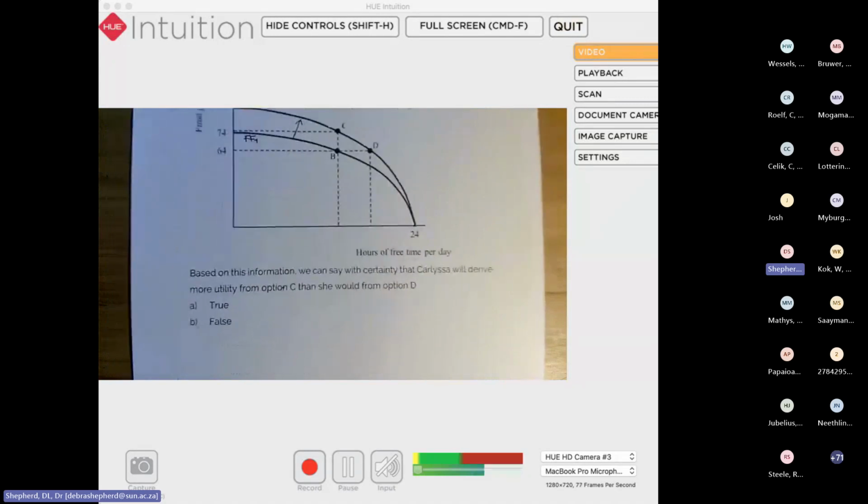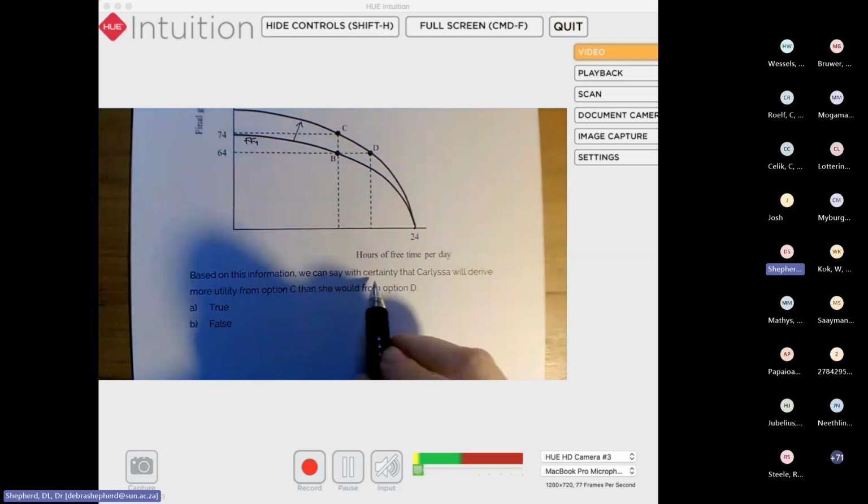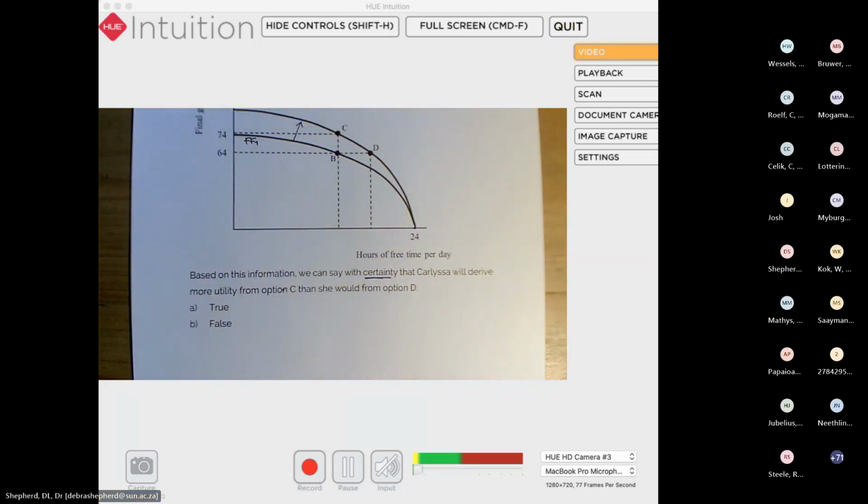So what we need to now figure out is whether this statement is true or false based on the picture. So it says, based on this information, we can say with certainty, that's a very important word, that Carlissa will derive more utility from option C than she would from option D. Is that true or false?